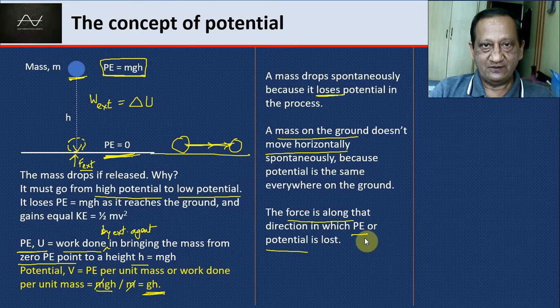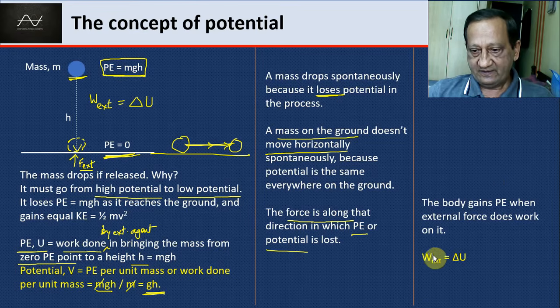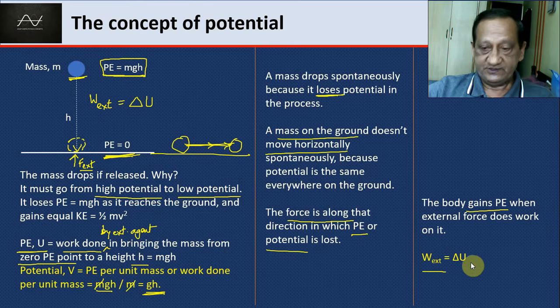Force is along a direction from high potential to low potential zone. So we can only talk in terms of potential difference, because that also defines the force direction. So just to restate, the body gained potential energy when an external force did work on it, and the work done by the external agent is the change in the potential energy of the body.